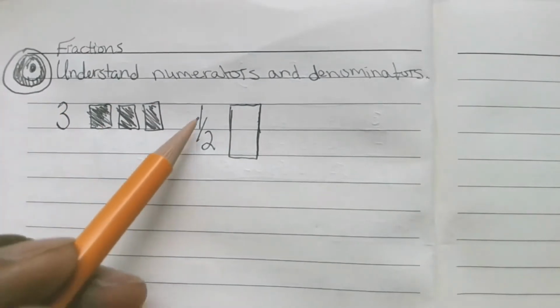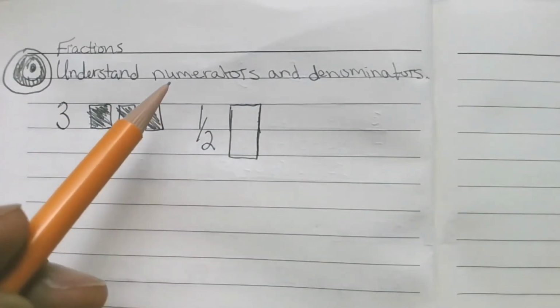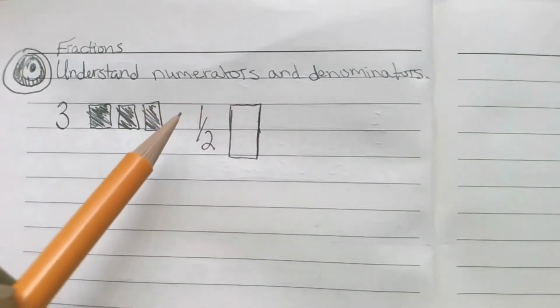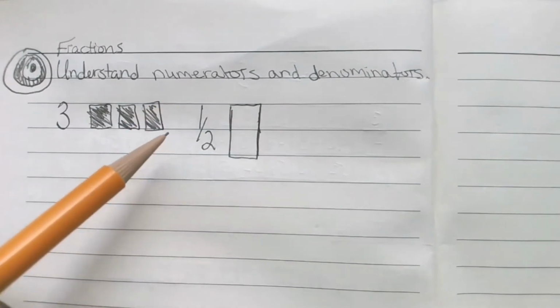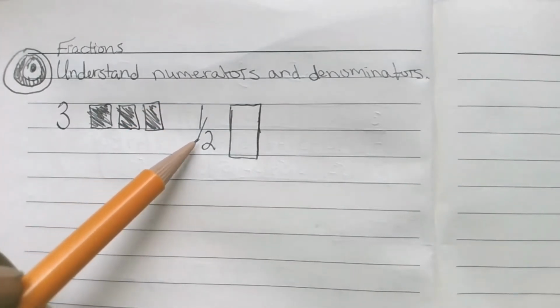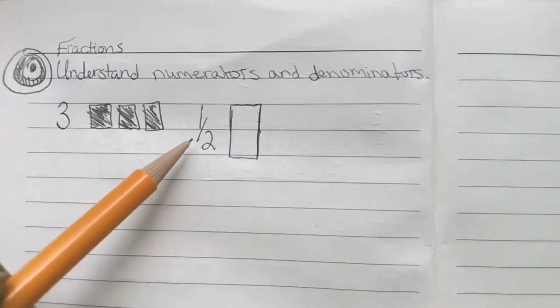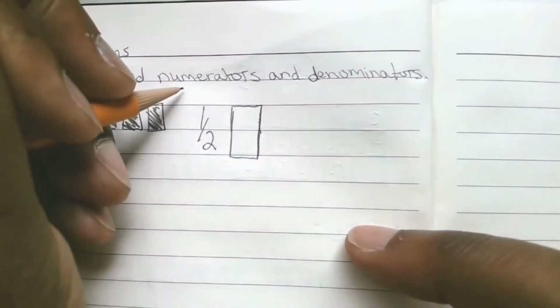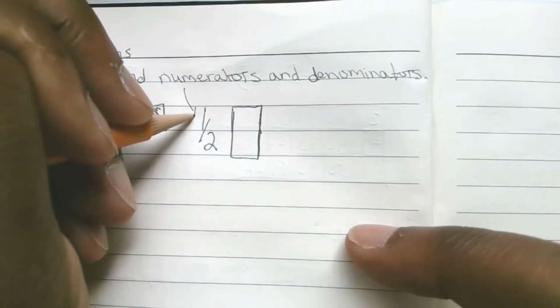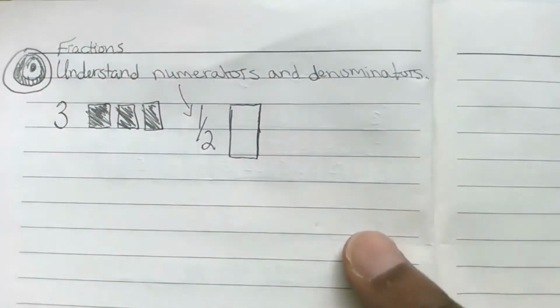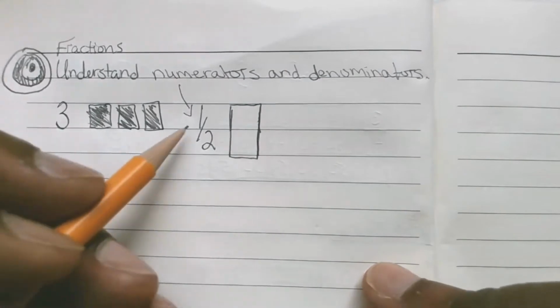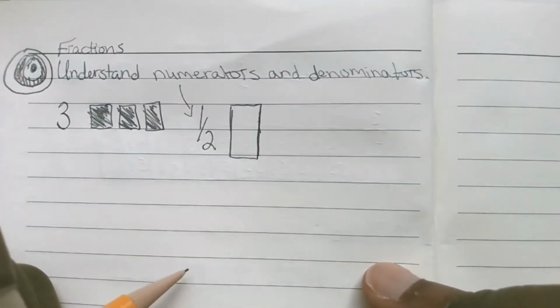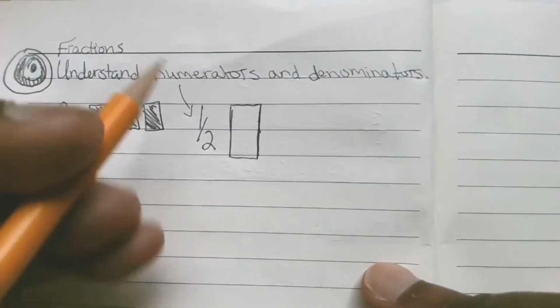This here is a fraction. And while we're at it, let's look at some vocabulary words, because right here it says numerator. Now the numerator is the number that's being considered, okay? It's this top number. So right now the number that's being considered is 1. And we'll find out what that means in a minute.